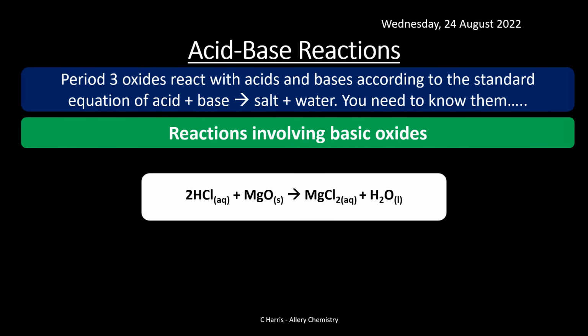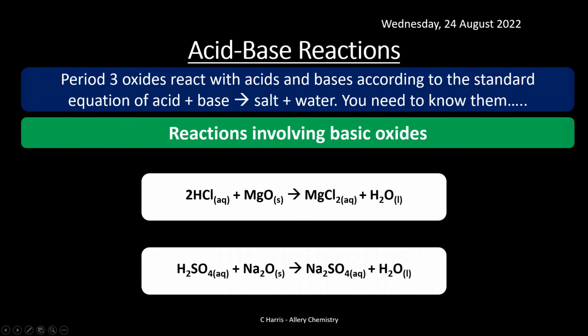Magnesium oxide, we've seen this before, reacts with HCl, this is your acid. That'll form your salt plus water, just your standard reaction. And sodium oxide reacts with a different acid this time, for example sulfuric acid. That will form your salt, which is sodium sulfate, plus water. Just make sure you're aware of these.